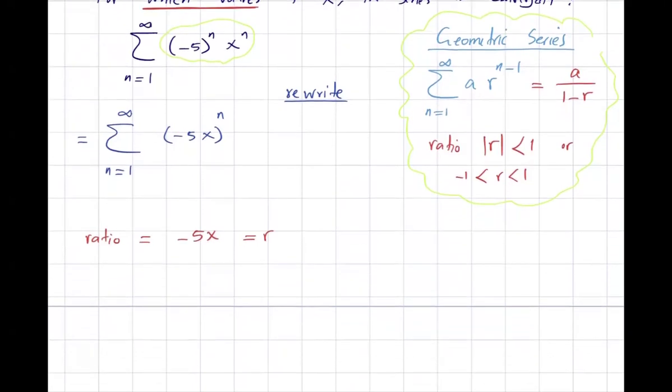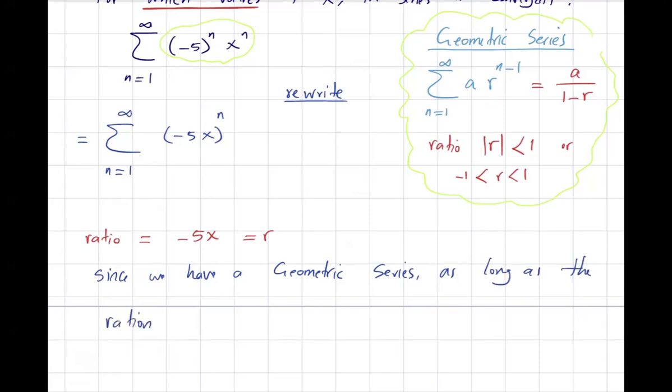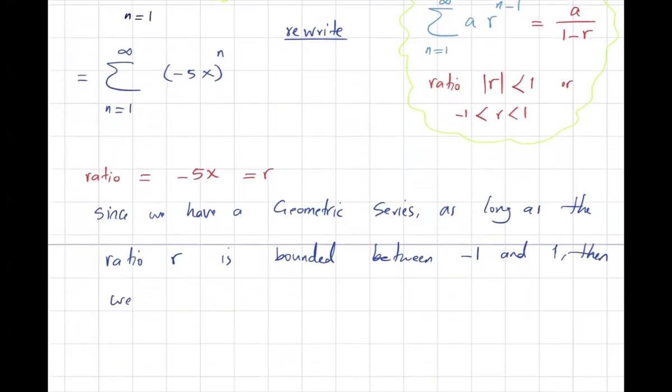So you're going to write, since we have a geometric series, as long as the ratio r is bounded between -1 and 1, then we have a convergent series.